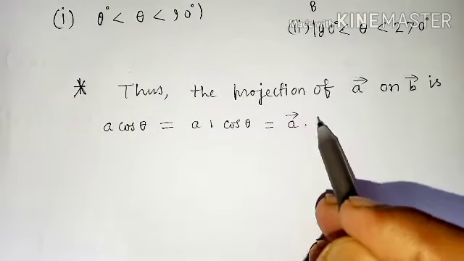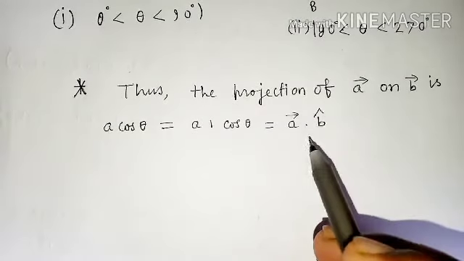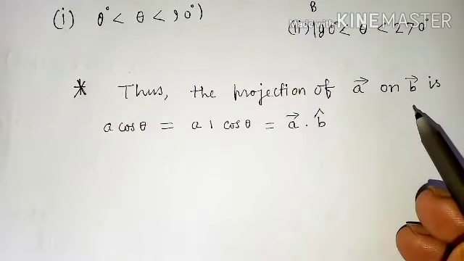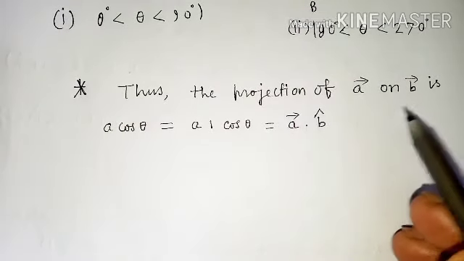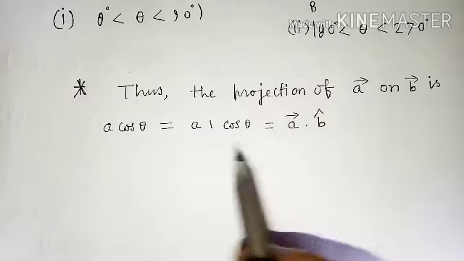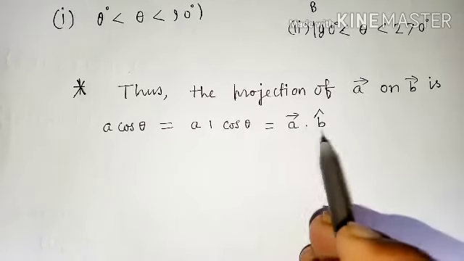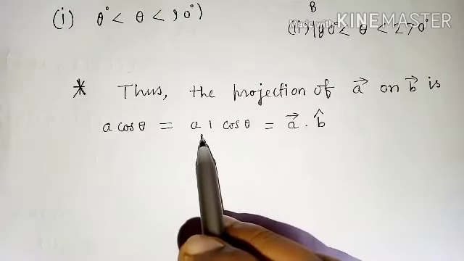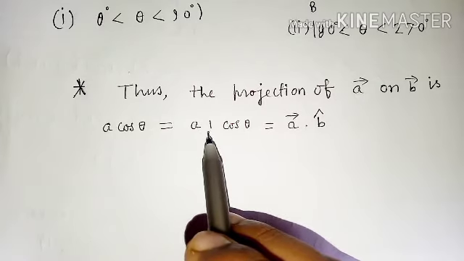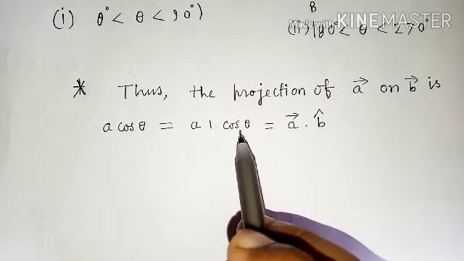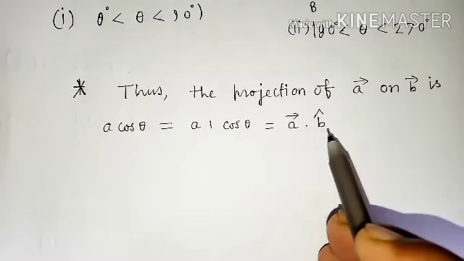We know that B cap is the unit vector along vector B, whose magnitude is 1. So this will be A into B into cos theta, where theta is the angle between vector A and B cap.